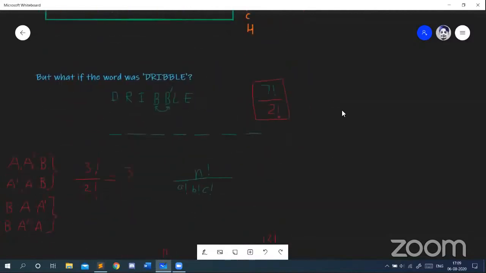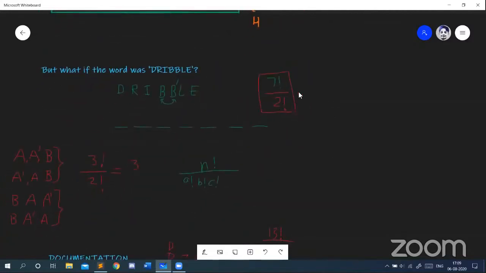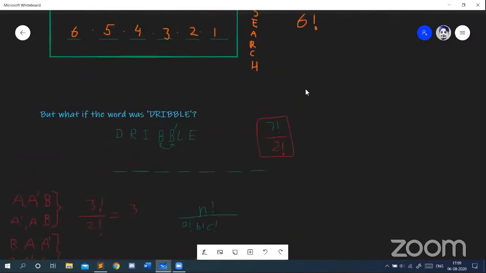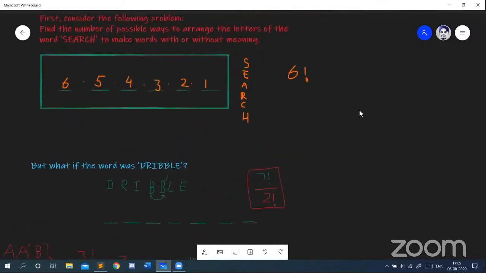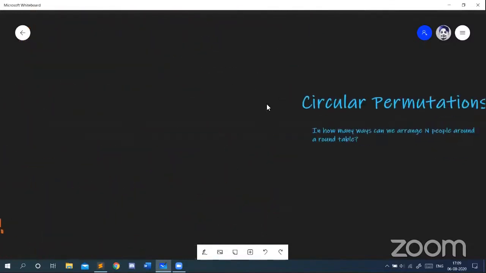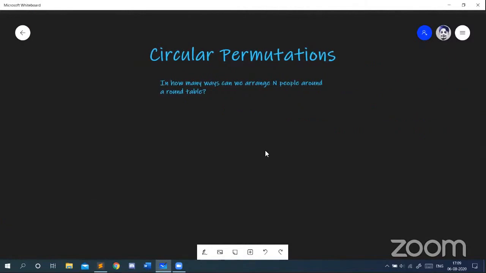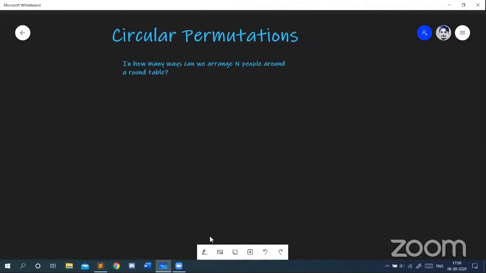Now, I hope you realized why we divided here, and this is going to be very useful in our next topic, which is something you'll find really interesting, hopefully, and that is circular permutations, right? The question we are trying to address here is, in how many ways can I arrange n people around a table?